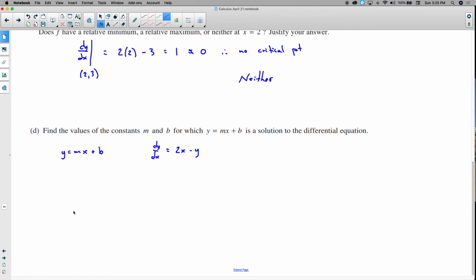All right, so I can also point out that over here, if we differentiate each side of this linear general solution, we simply get m.